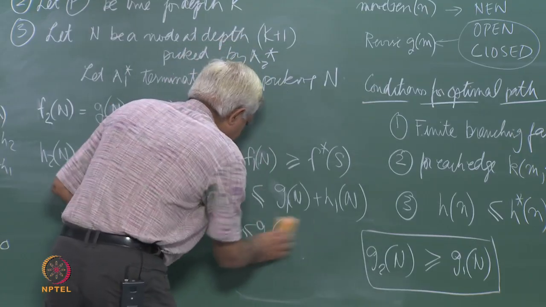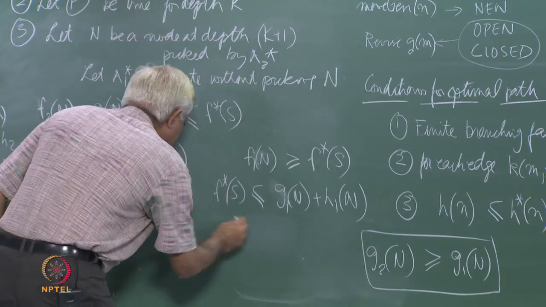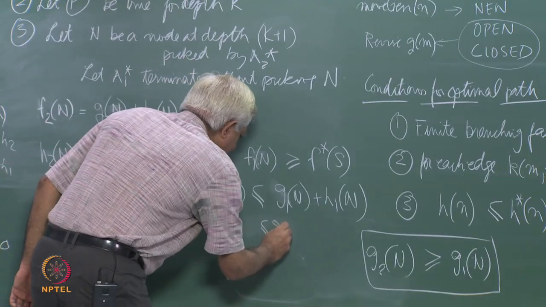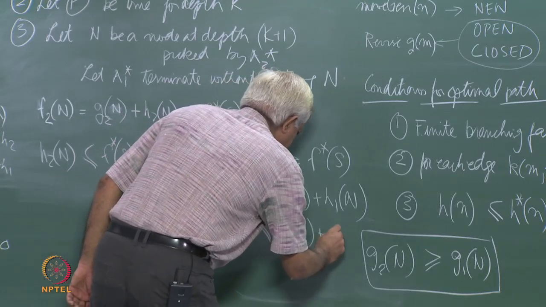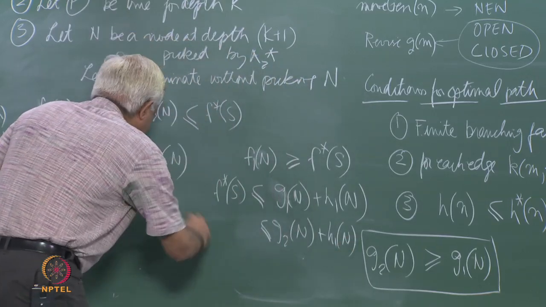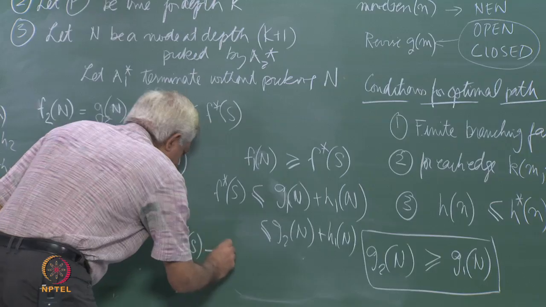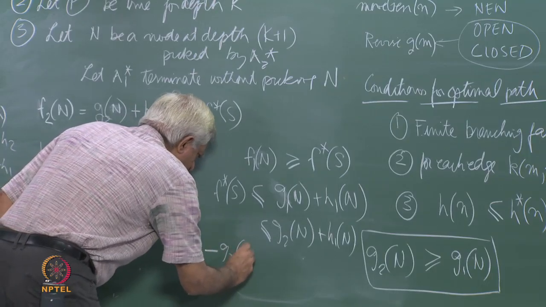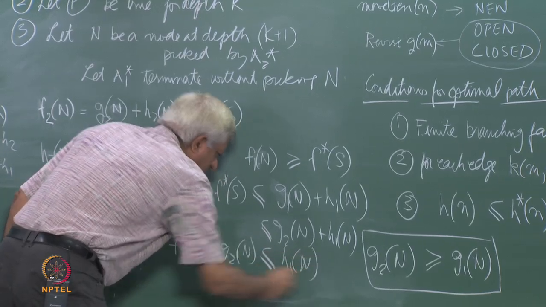Okay. We can rewrite this, we can replace it by g2 of n plus h1 of n, which means we can write this as f star of s minus g2 of n is less than or equal to h1 of n.